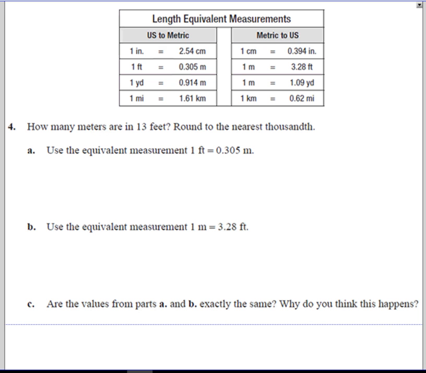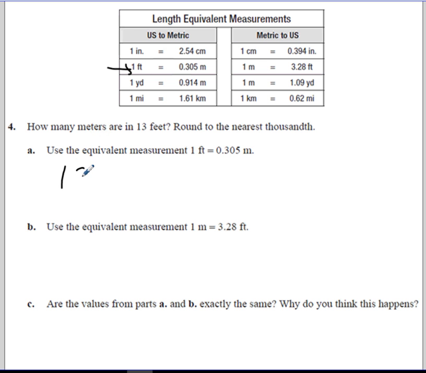So here's a chart that gives us equivalent measurements. Our US to metric is in the first column, and the second column is metric to US. And it asks how many meters are in 13 feet, round to the nearest thousandth, so with 3 decimal places. And so use the equivalent measurement of 1 foot equals 0.305 meters, which is from our first column.